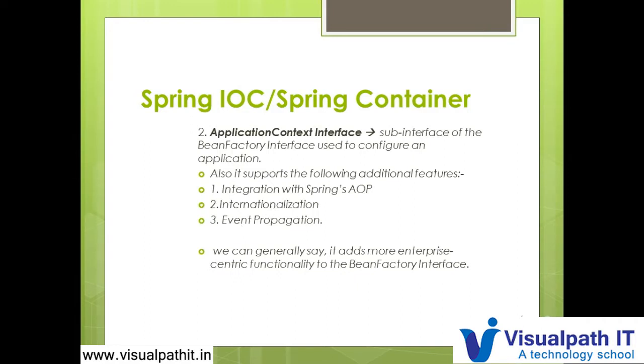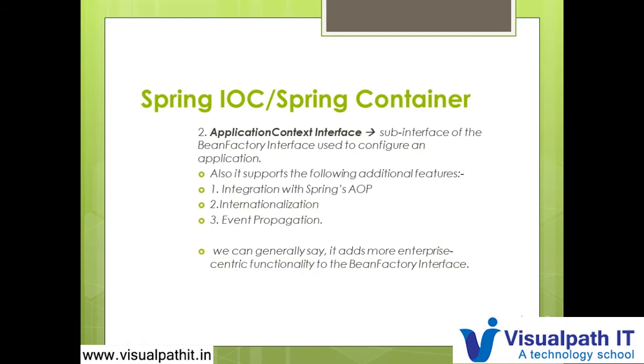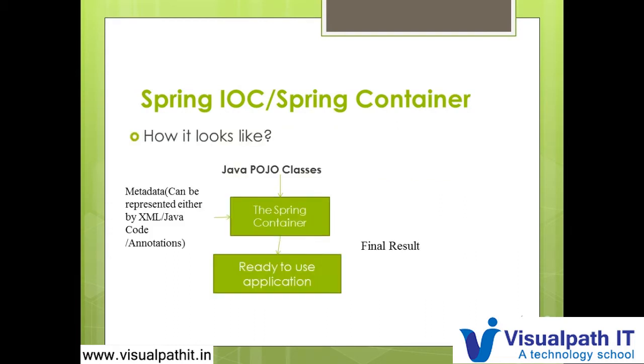So generally we can say these are add-on features, that is, more enterprise-centric functionality, achieved by the ApplicationContext interface. We will learn the different built-in resources of the BeanFactory interface and ApplicationContext interface in the coming slides.